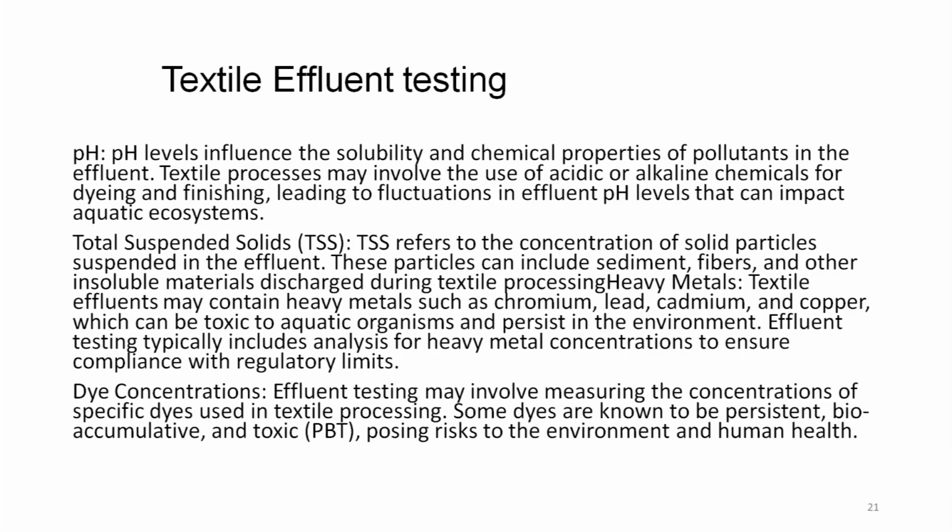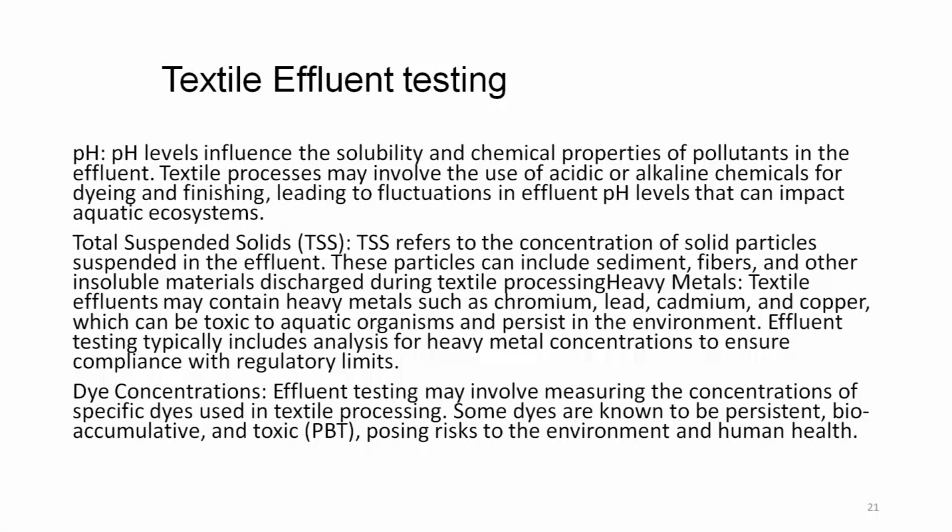Heavy metals. Textile effluent may contain heavy metals such as chromium, lead, cadmium and copper, which can be toxic to aquatic organisms and persist in the environment. The major problem is not only the toxicity, it is the persistent nature of these heavy metals that causes bigger problem.